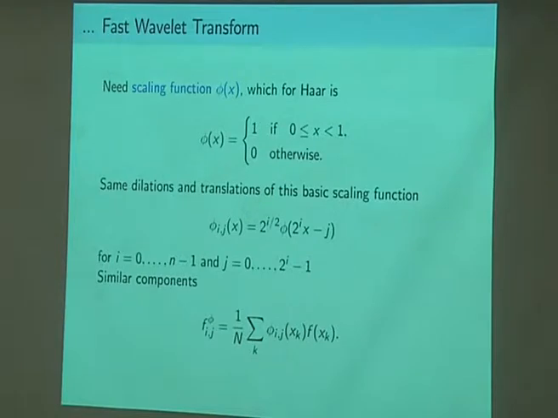So I have phi ij in the same way as the wavelets. And I can work out the components with respect to these phi ij's, with a capital phi at the top, as just being a sum over the data points. So it's a parallel to the wavelets. There's a scaling function going on.